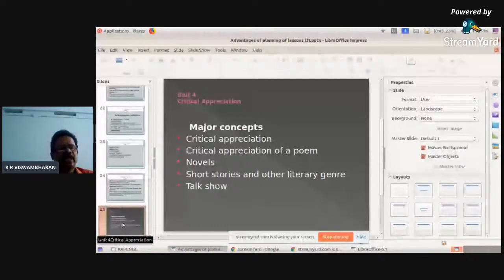These are the major concepts included in Unit 4. Critical appreciation of a poem, novels, short stories, and other literary discourses and talk show. Let us analyze the areas in detail.